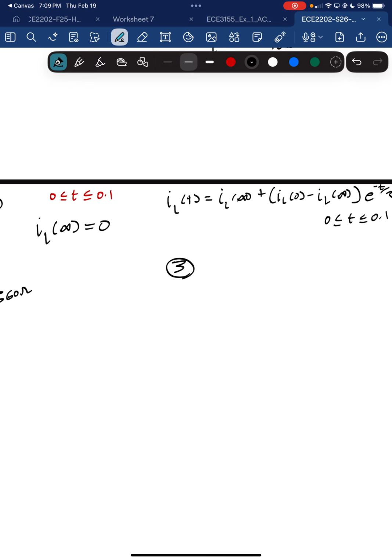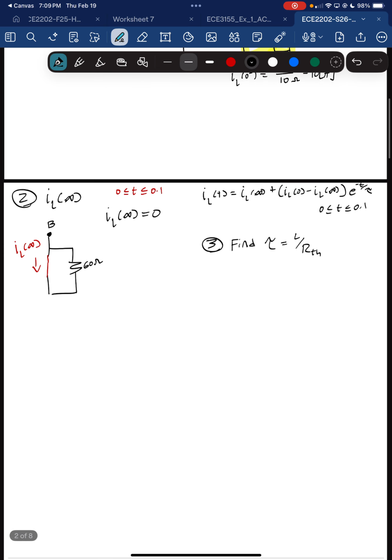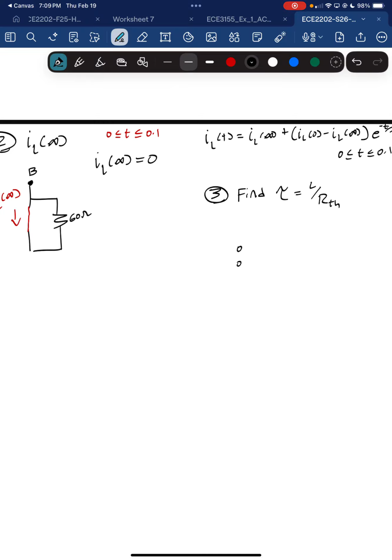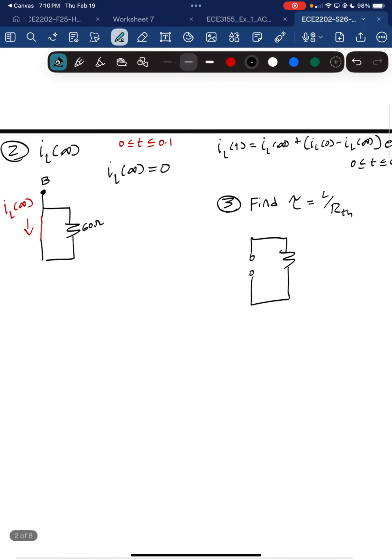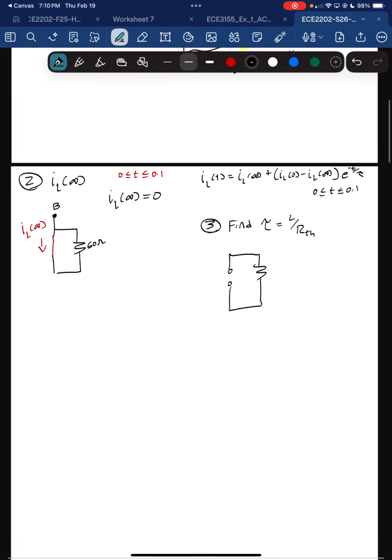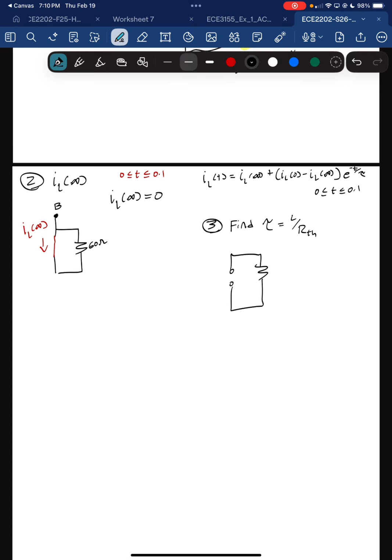Now, step 3 is obviously find your time constant, which for inductors is L over R Thevenin. And so I'm going to replace the inductor with 2 terminals because we're finding R Thevenin as seen by the inductor.